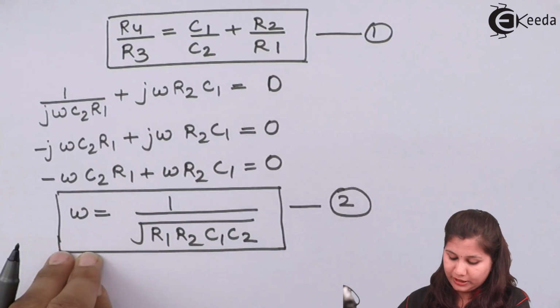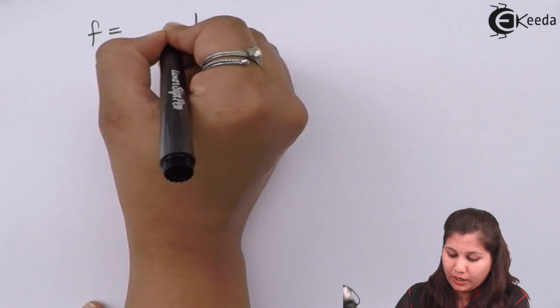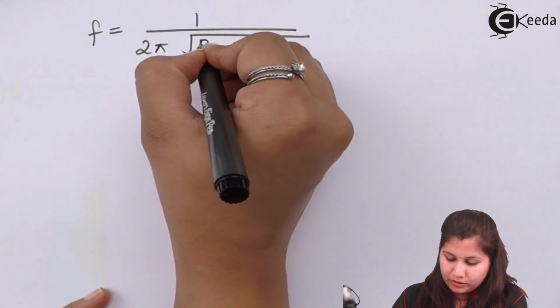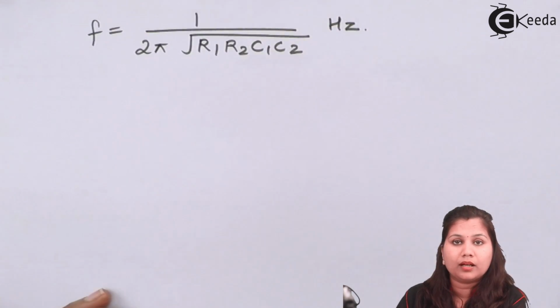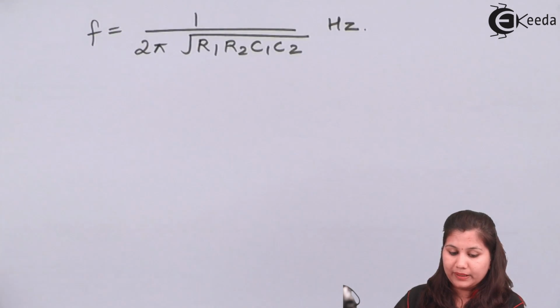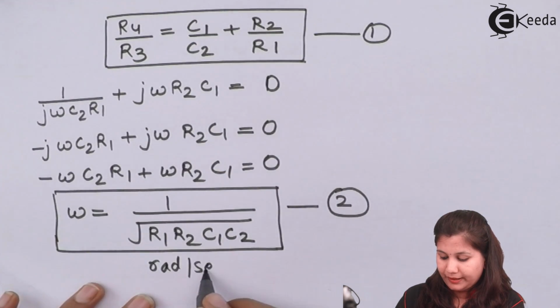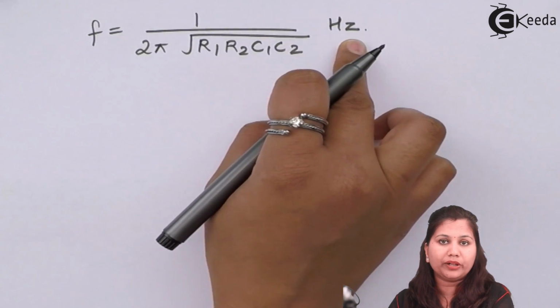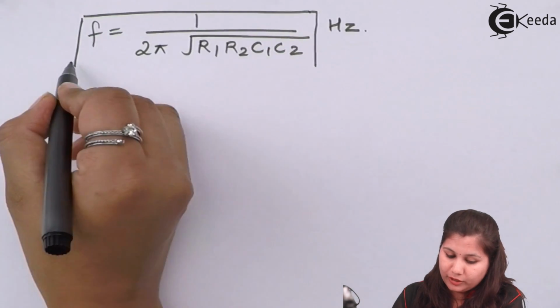If we want to measure the frequency f, then f is equal to 1 upon 2 pi square root of R1 R2 C1 C2 hertz. When we measure the angular frequency, the unit is radians per second, and when we measure the frequency, its unit is hertz. So we can measure the frequency from this angular frequency.